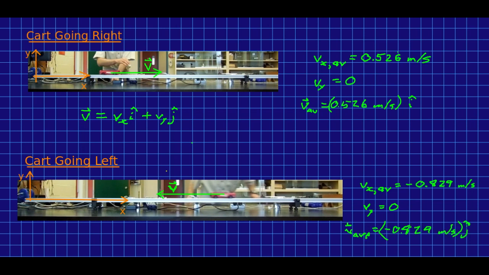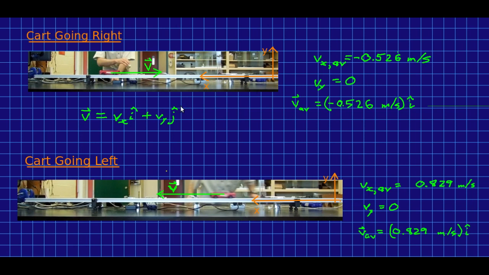But now we should think about what would have happened if we were using different axes. Now suppose that we orient our axes the other way around, with the x-axis pointing left. Now you might not like that much because I'm sure you're used to the x-axis pointing right, but just suppose that our motion sensor was at the other end of the track. Then it would be determining the position using that set of axes.